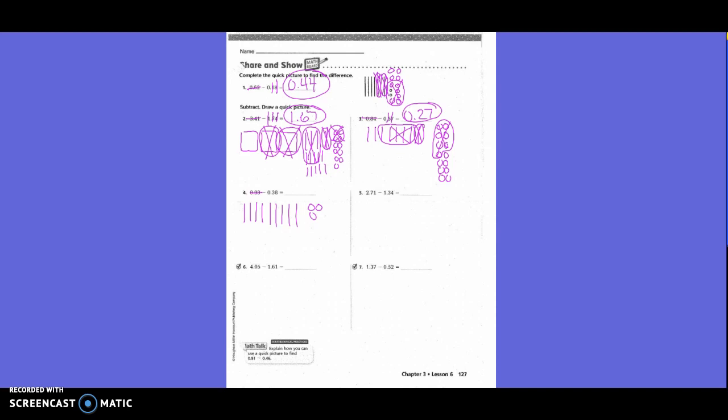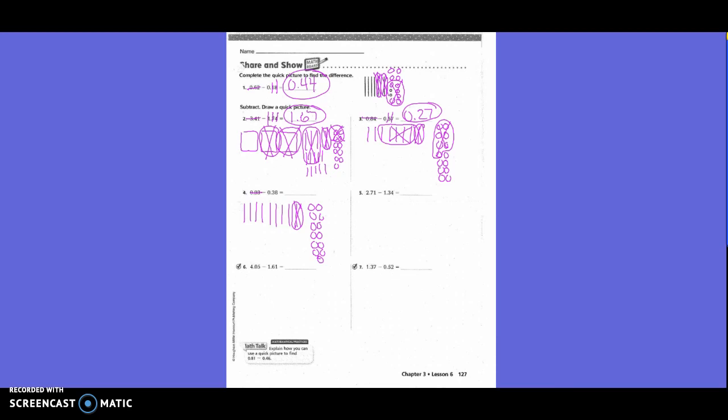Do I have enough small cubes to take away 8? No. So I have to circle a long and draw how many more small cubes? 10. So how many total should I have? 13, right?